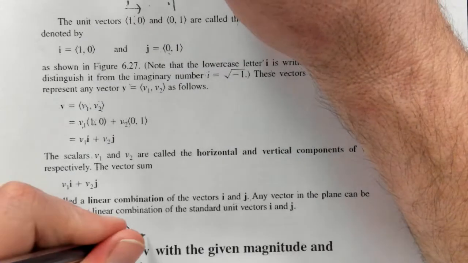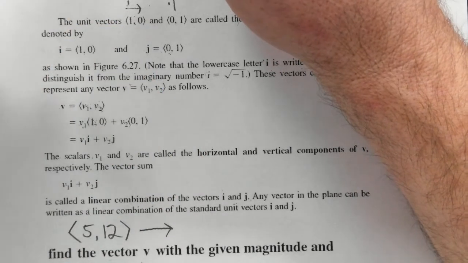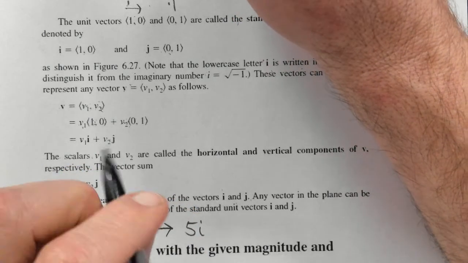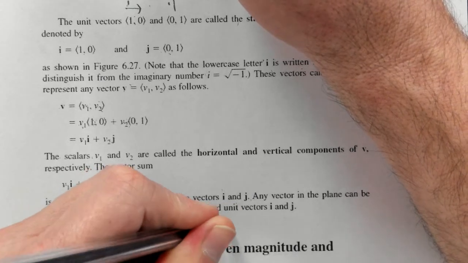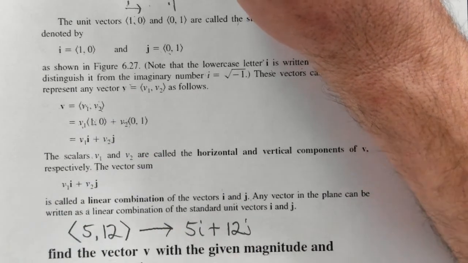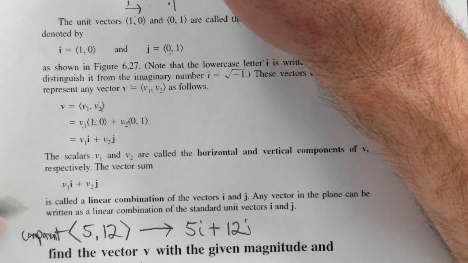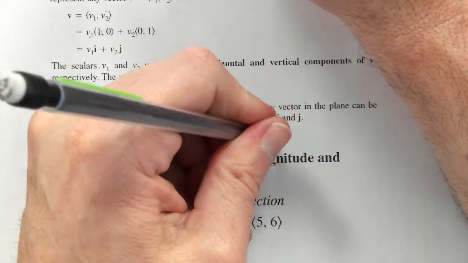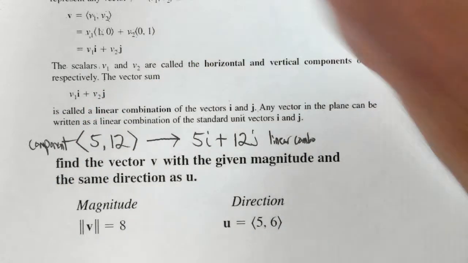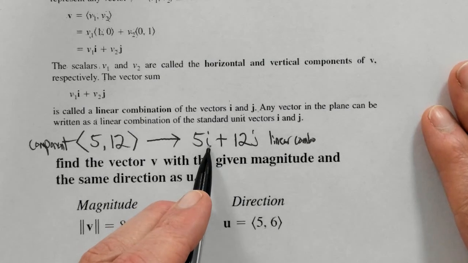I can take that and write it as a linear combination, right, of the standard unit vectors just by taking the horizontal component times the horizontal standard unit vector i and adding it to the vertical component times the standard unit vector j, and then this component form is now taken and transferred to this linear combination form.